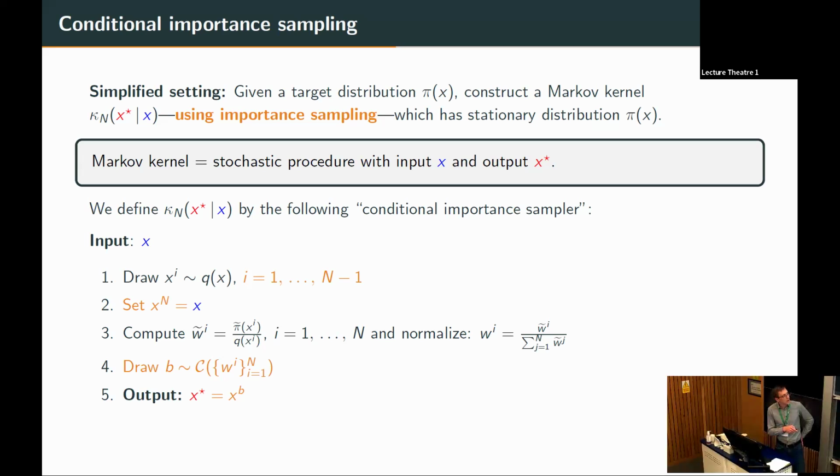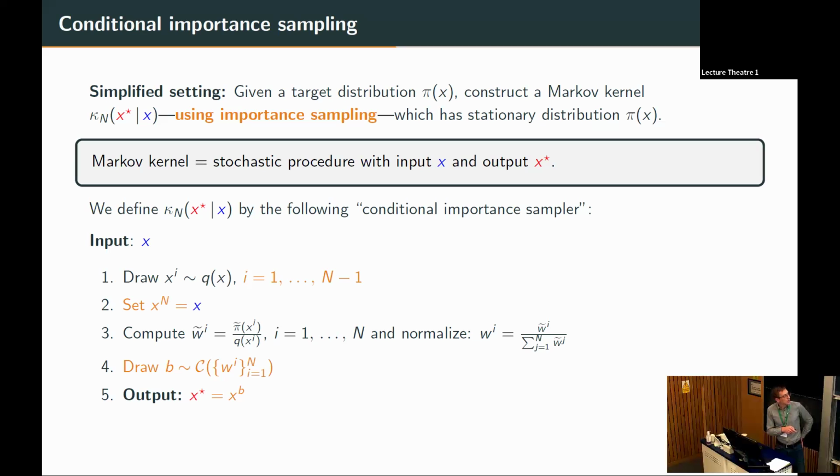But I only draw N-1 such samples. So N here is still the number of samples, but I sample N-1 times from q, and then I set the Nth sample deterministically according to this input. So this is the conditional part in the conditional importance sampler.